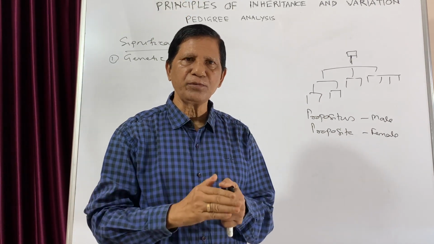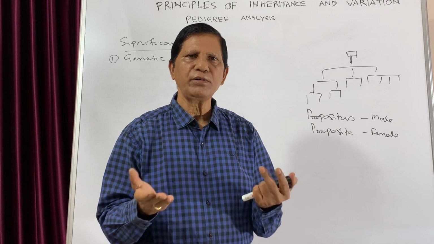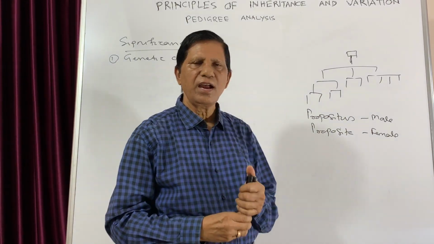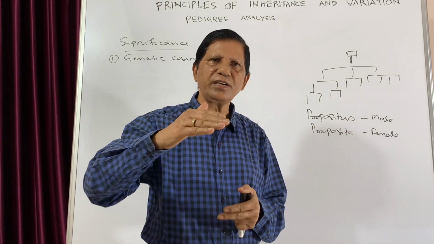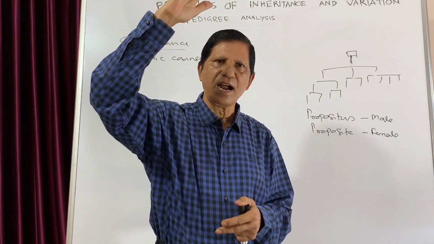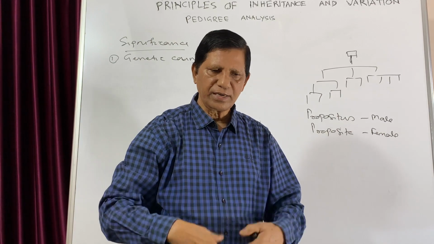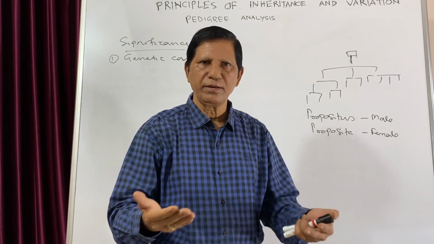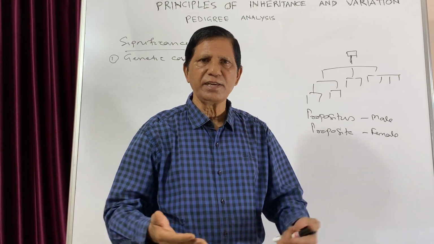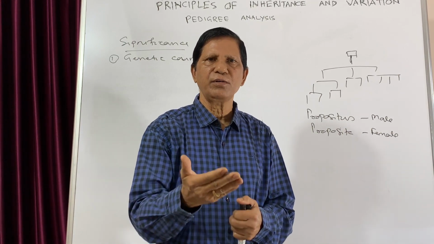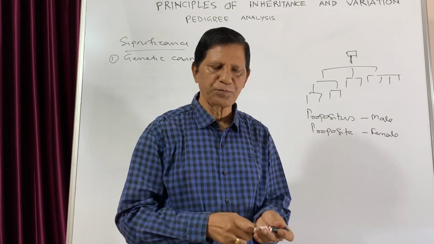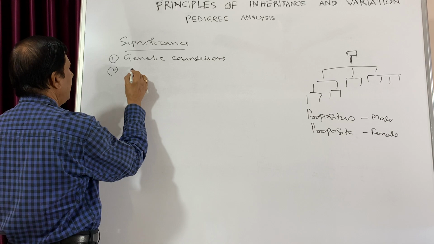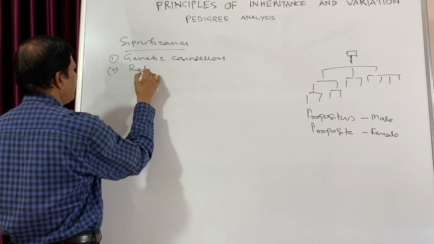So what will happen to their offsprings? How will they know it? In that case, they will contact a genetic counselor, and he will take the history of the ancestors, and from that he will tell that these are the probabilities. The son may be like this, the daughter may be like this. Then they will decide whether they will marry or not. That is one.